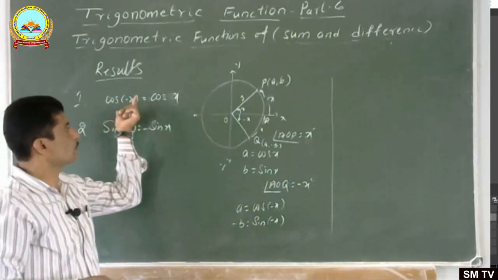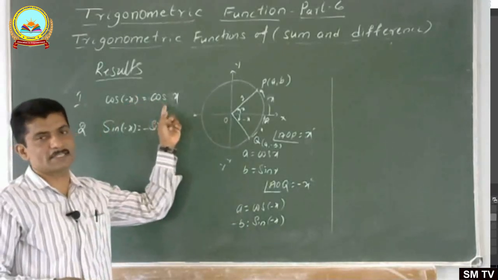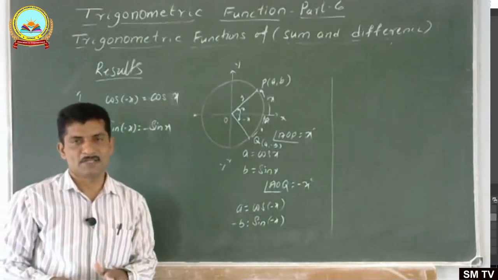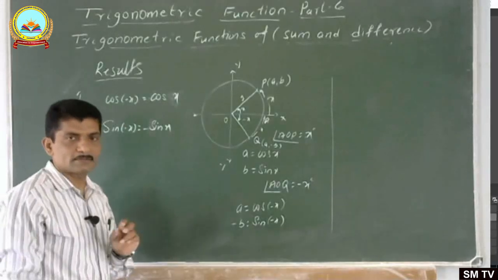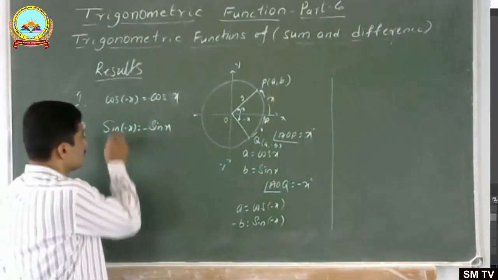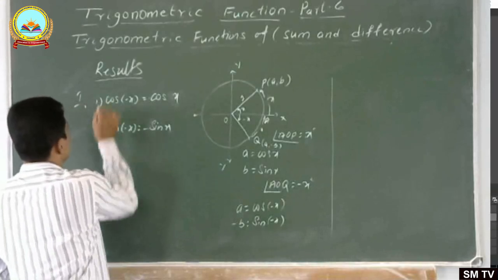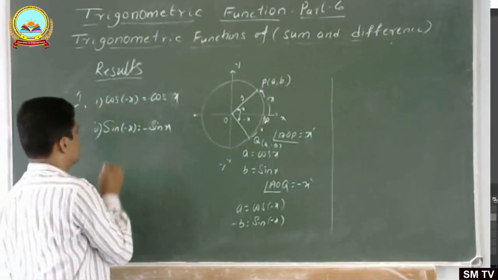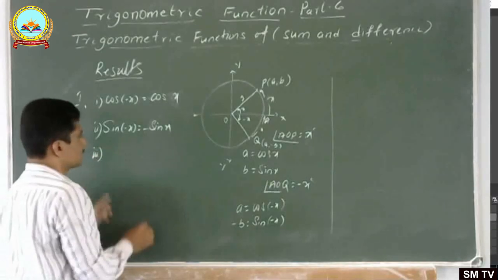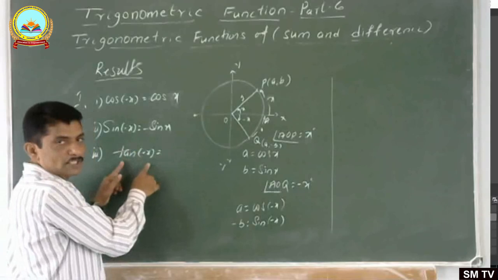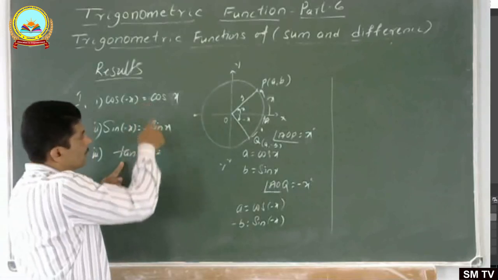Therefore, very important results in sum and difference. The first result is cos of minus x is equal to cos x, and sine of minus x is equal to minus sine x. With the help of these trigonometric function results, we get other trigonometric functions. The third case is tan of minus x. By definition, tan x means sine x divided by cos x.